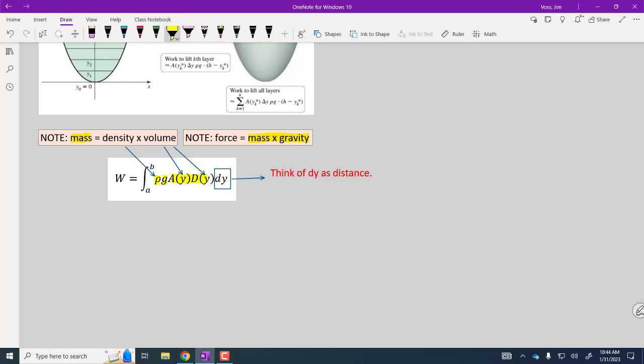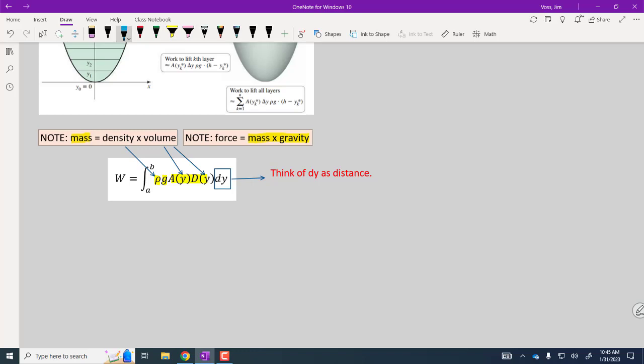And these two quantities right here, area and distance, if you just think about the units and do your dimensional analysis, area times distance gives you volume, right? You're going to have meters squared for this cross-sectional area, and then the distance that slice travels is also meters.